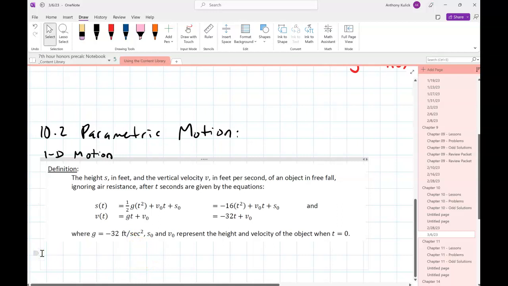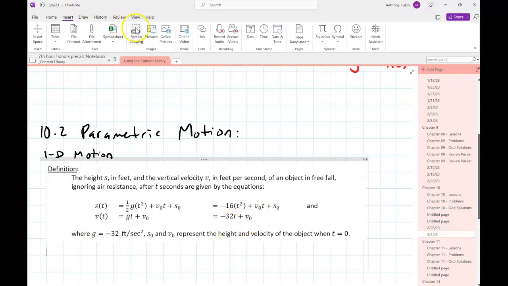S naught and v naught are the height and velocity when the object is at time 0, basically the initial position and the initial velocity for our object. Let's do an example where we can apply this.